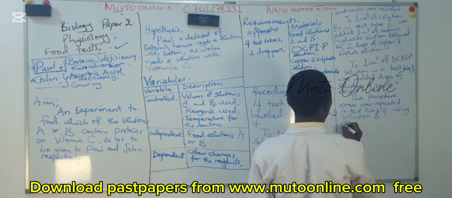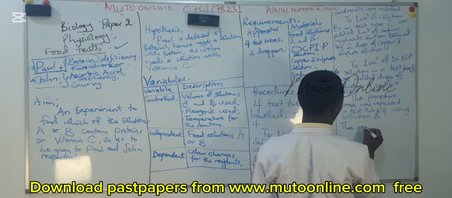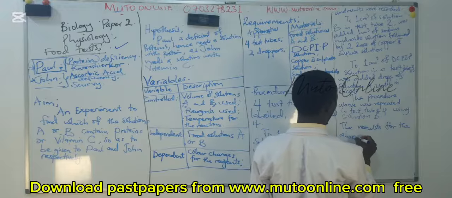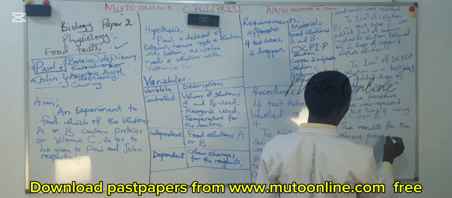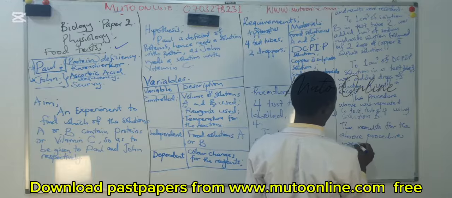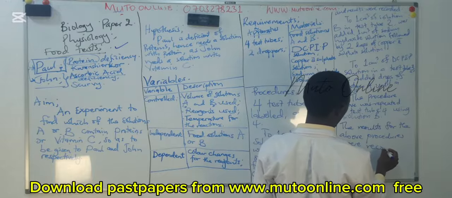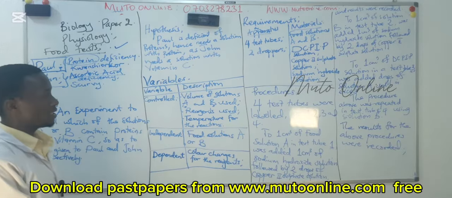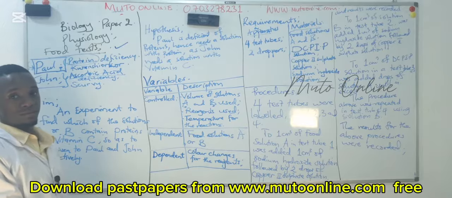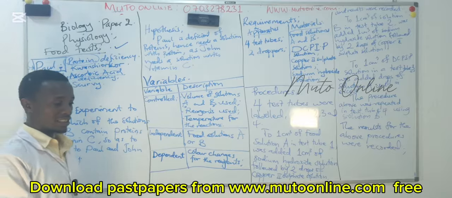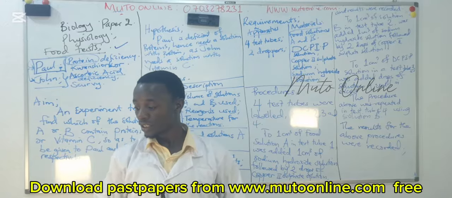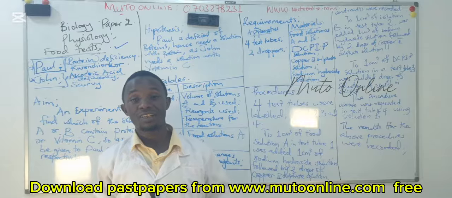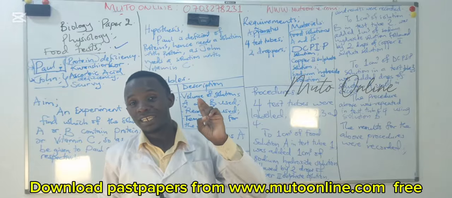So what are the results? So the results obtained were then recorded. Members, what is key in food tests is you knowing the procedures and the reagents with the expected color changes.